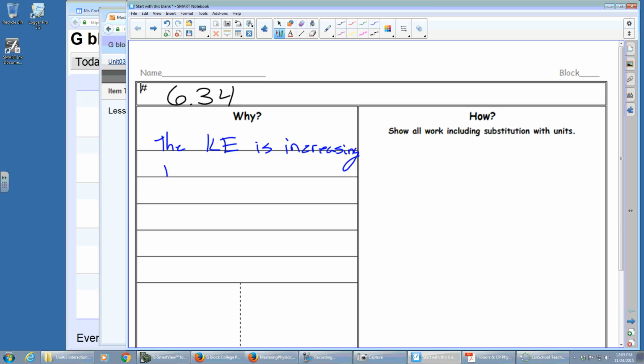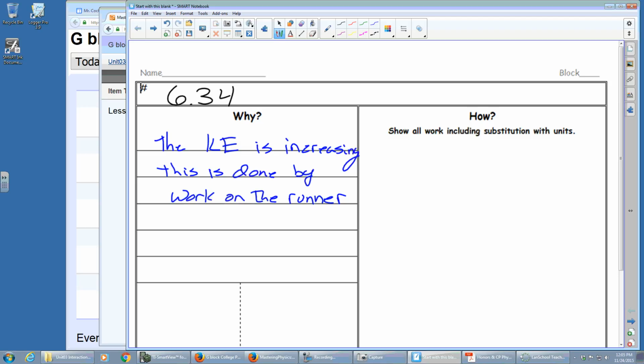I might then follow up with this is done by work on the runner. So we know that work changes the amount of energy something has.